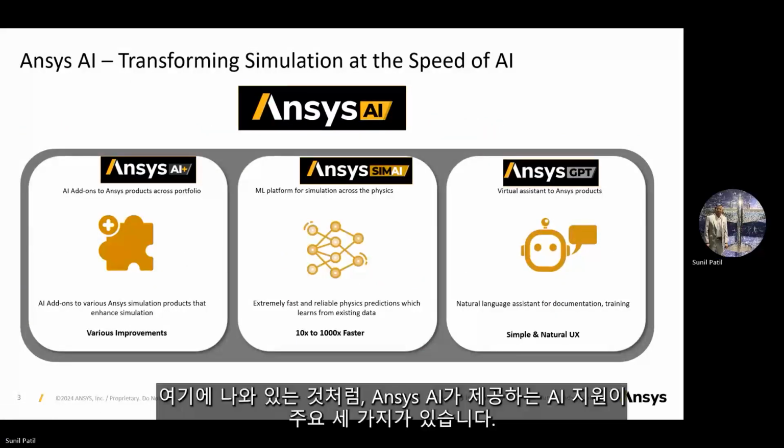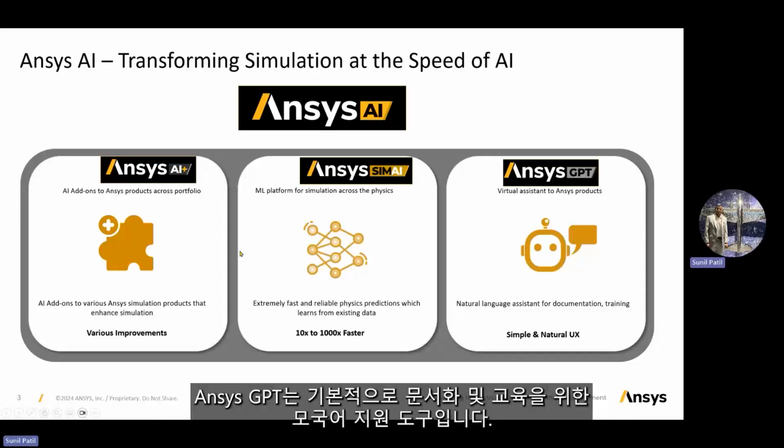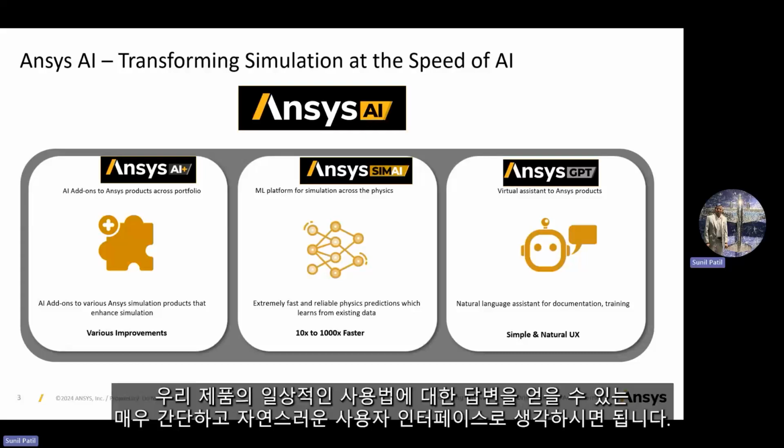And our AI offering through Ansys AI includes three major parts, as I listed here. AnsysGPT is basically a natural language assistant for documentation and training. You can think of that as a very simple, natural user interface for getting answers to your daily usage of our products.